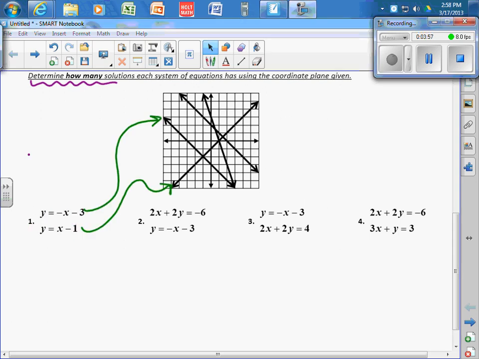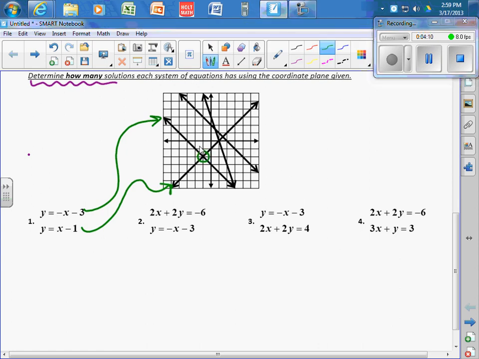So here's where those two lines are. y is equal to -x minus 3, you can follow that arrow and find that line. y is equal to x minus 1, follow that arrow, get that line. And you can see that these two lines intersect right there. So how many solutions? There's one solution. There's one point that they have in common.